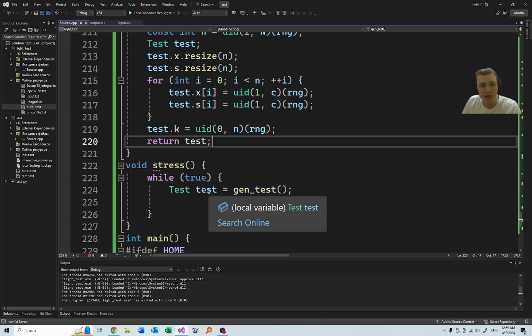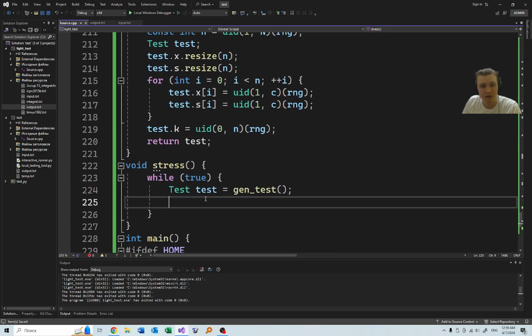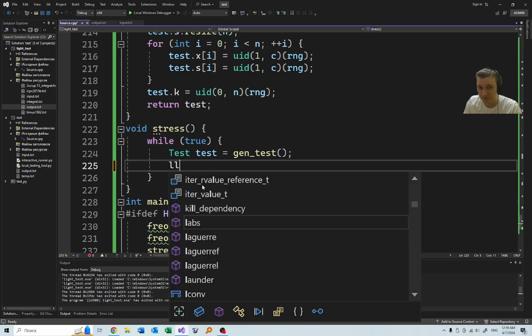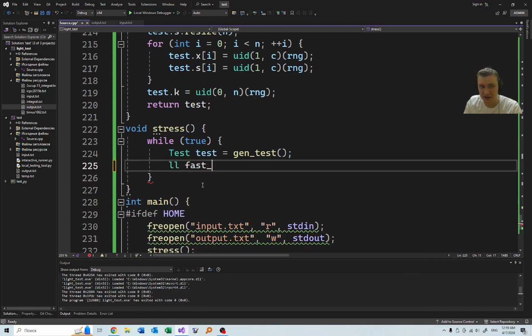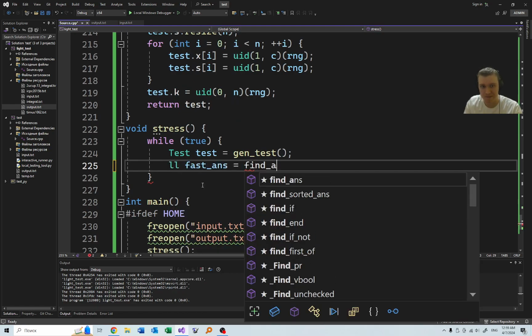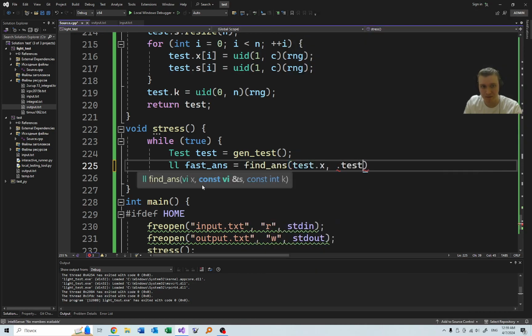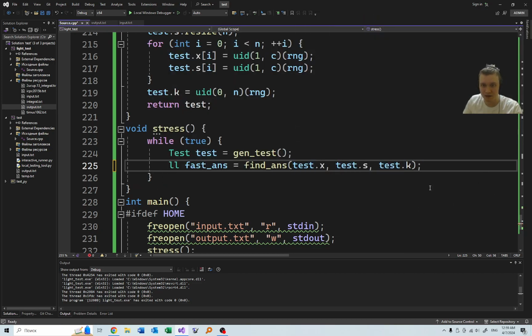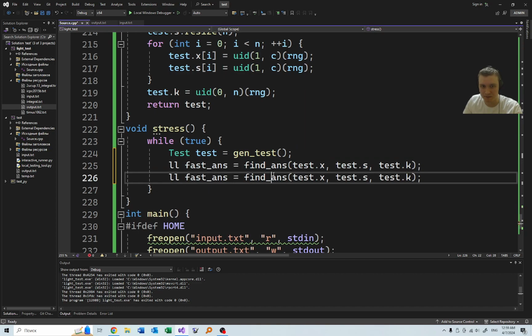Well, after that, so we have generated the test. Then we need to find a fast answer and slow but correct answer.